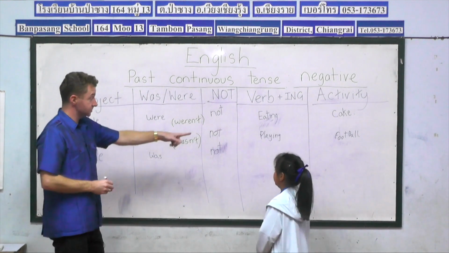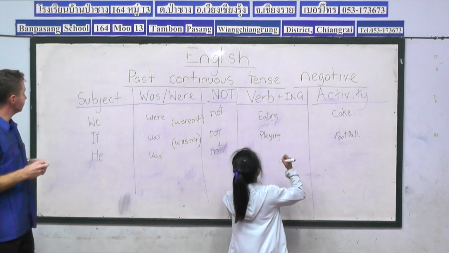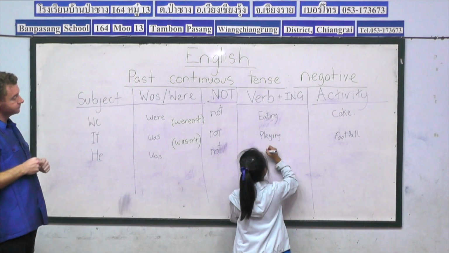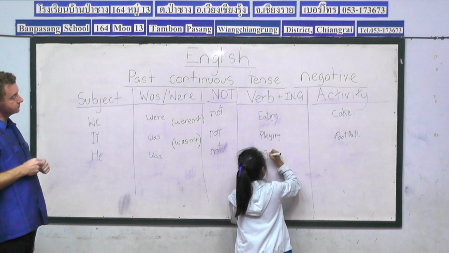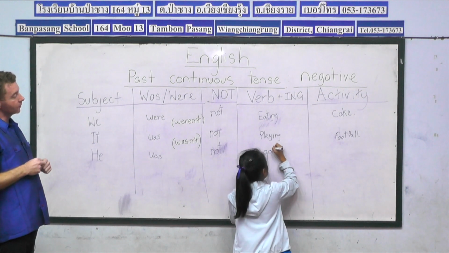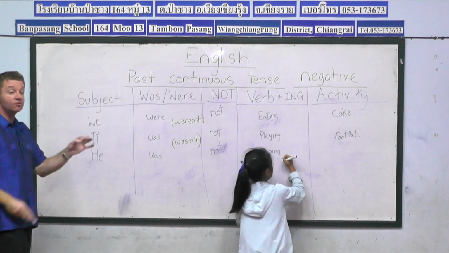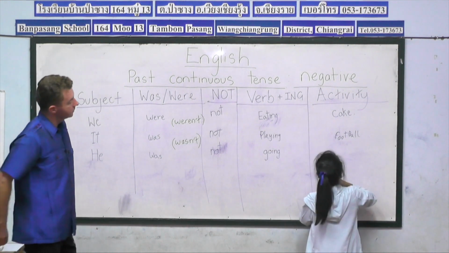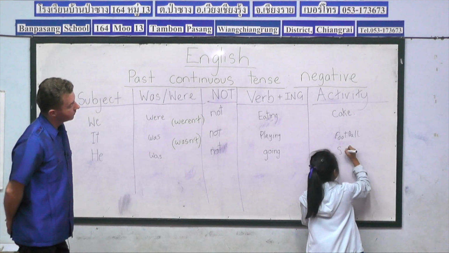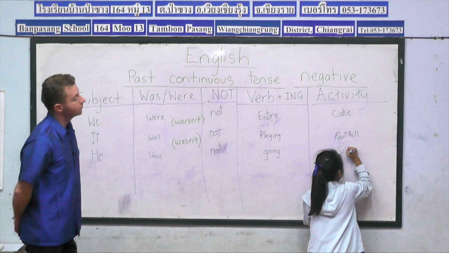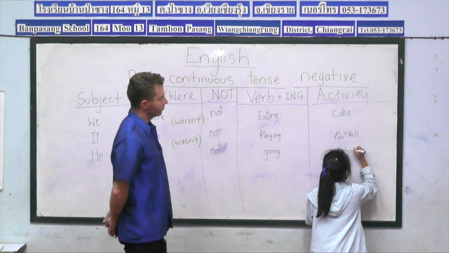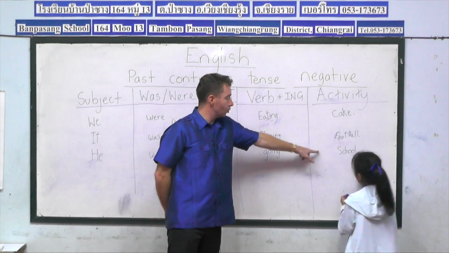Wasn't. Yes. So what's our verb word, Preo? What was he not doing? Go, I-N-G, going. Okay, so he was not going to school. Okay, so if we talk about a place, to school.